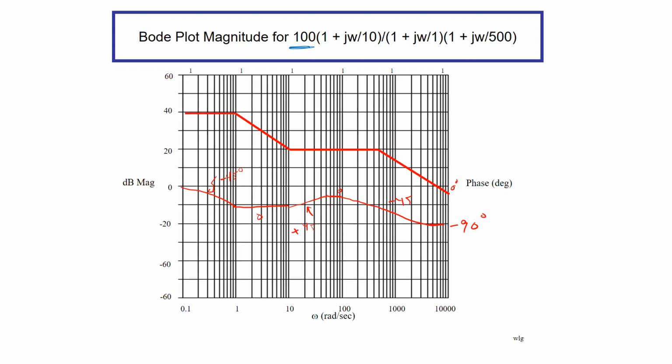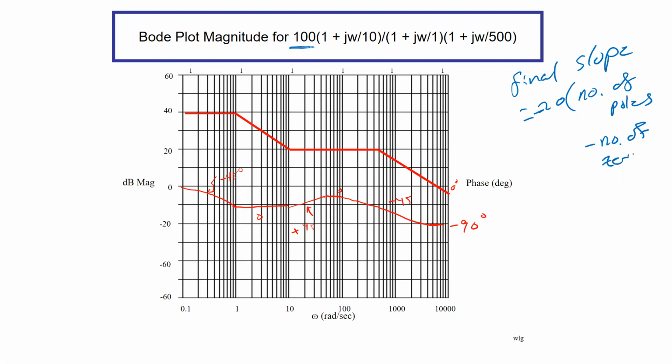Is this clear? Final slope equals 20 times the number of poles minus the number of zeros.